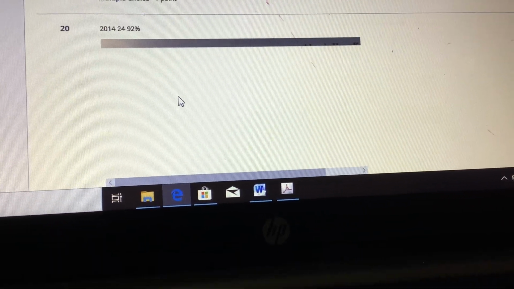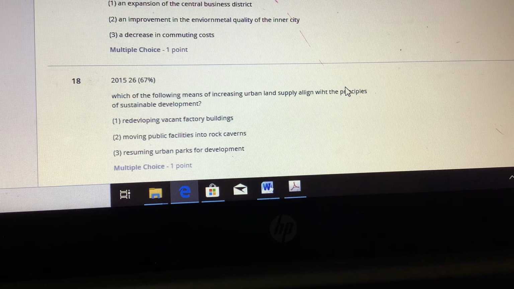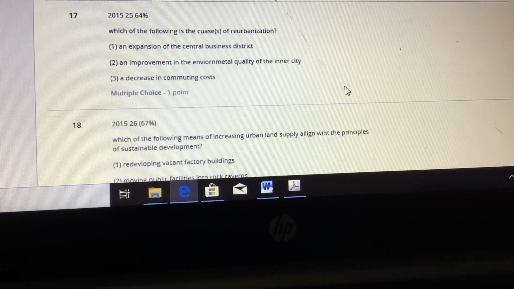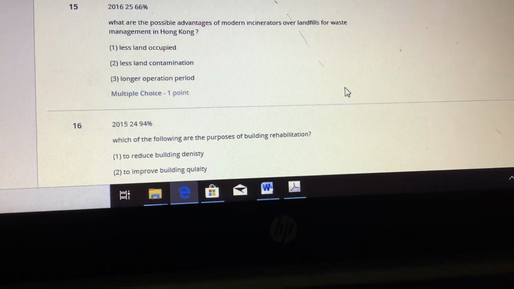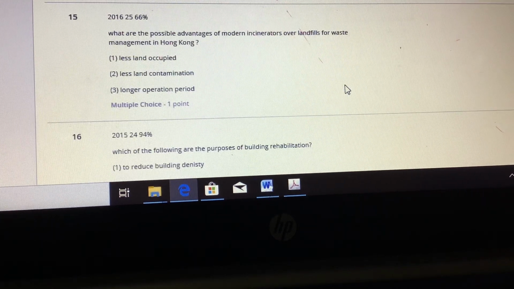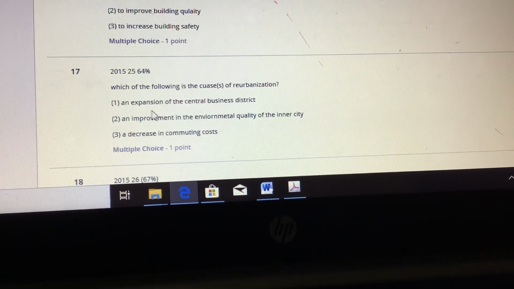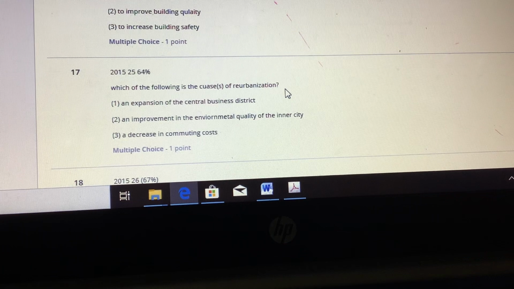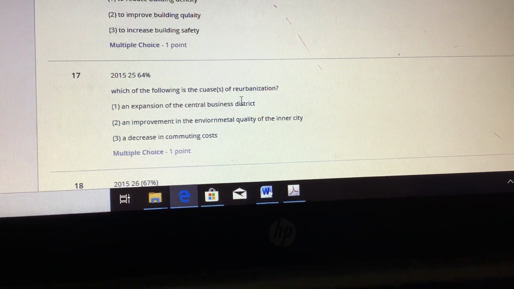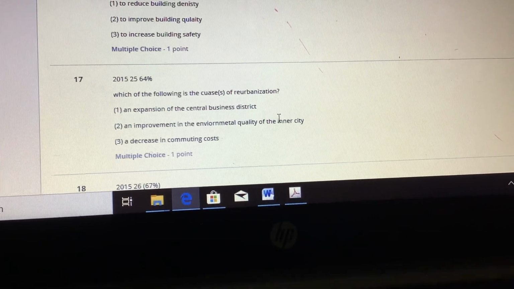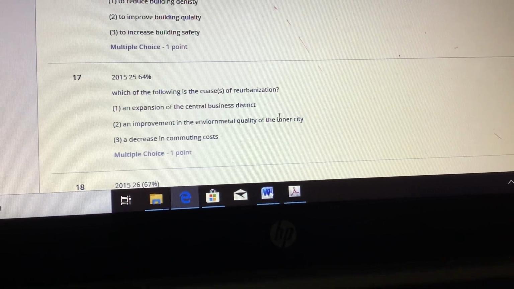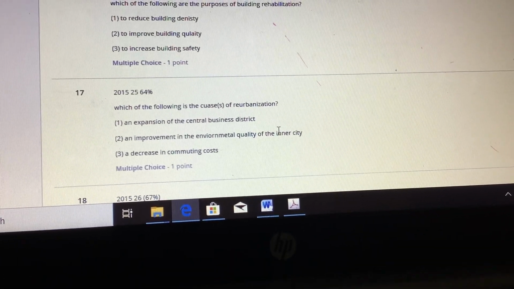Okay, next one please. Let's see, this one. Be quick. Number 17. Which of the following are the causes of reurbanization? What is reurbanization? Reurbanization is talking about renewal. Okay, the population is moving back to the inner city.